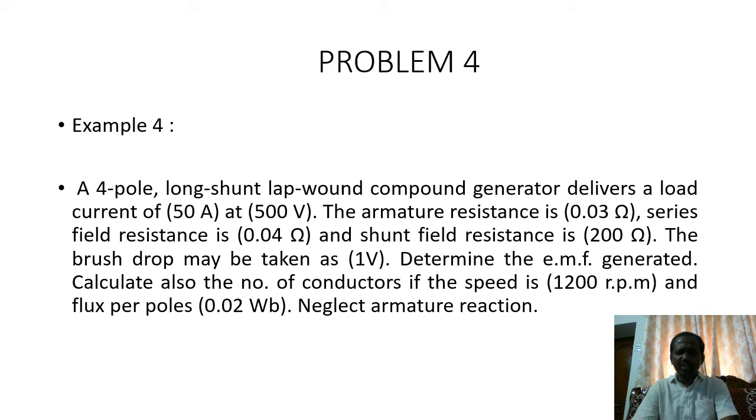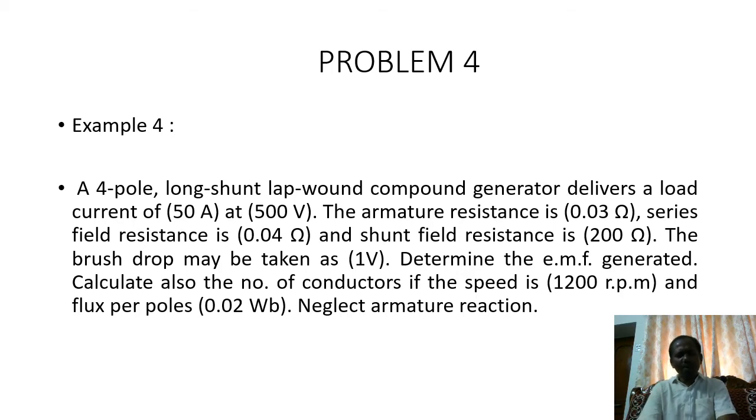The armature resistance is 0.03 ohm, series field resistance is 0.04 ohm and shunt field resistance is 200 ohms. The brush drop may be taken as 1 volt. Determine the EMF generated. Calculate also the number of conductors if the speed is 1200 rpm and flux per pole is 0.02 webers. Neglect armature reaction.